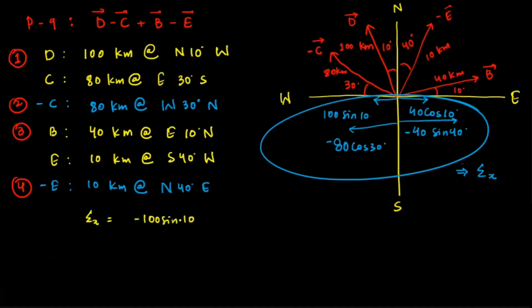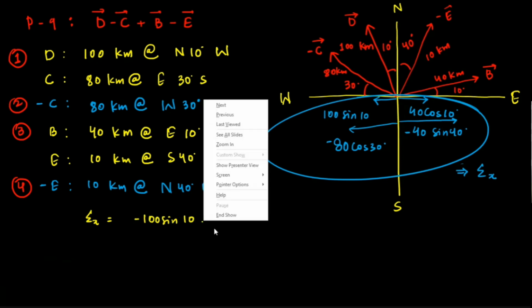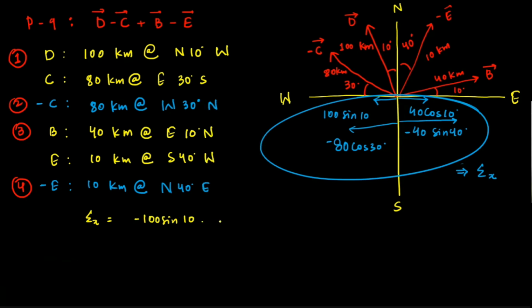Then negative C can be written as 80, so it will automatically be negative, 80 cos 30. Then we have 40 cos 10, so we simply add it. Then we have 10 sine 40.